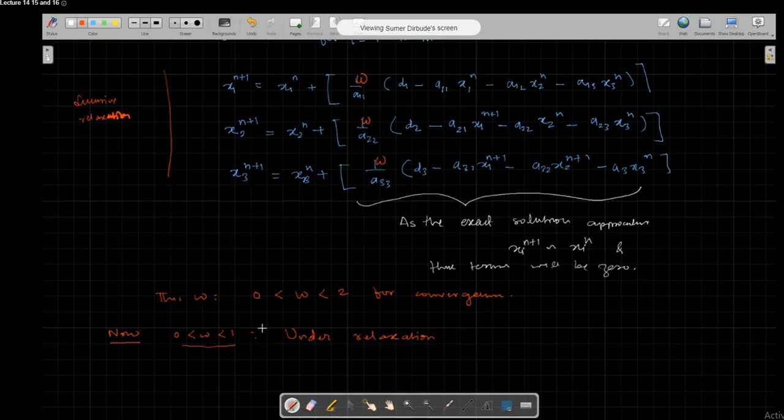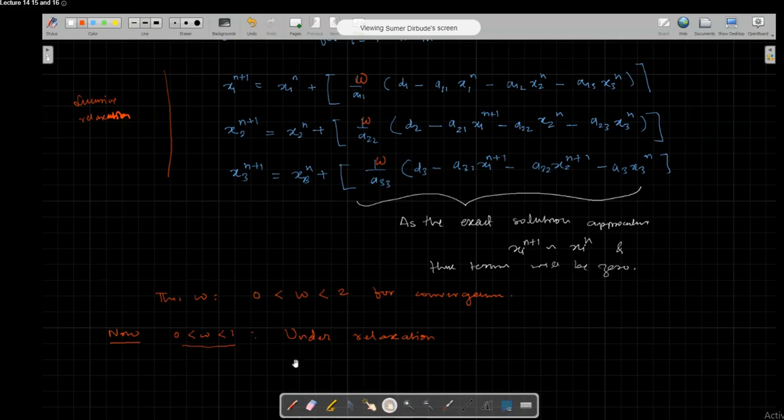Omega being small means, it is like omega divided by the central coefficient, or the central coefficient divided by omega. So the central coefficient value will be higher if omega is small, between 0 and 1. So this is like making a diagonal dominance.